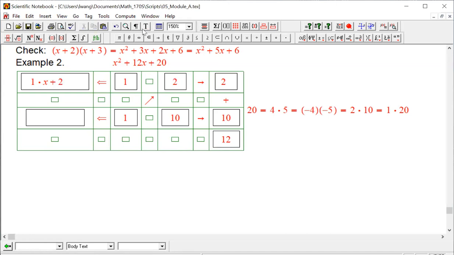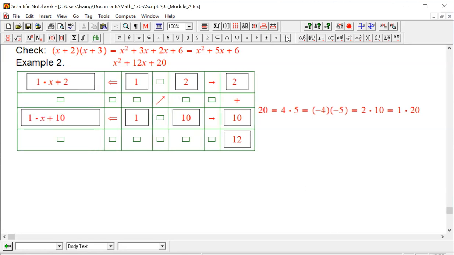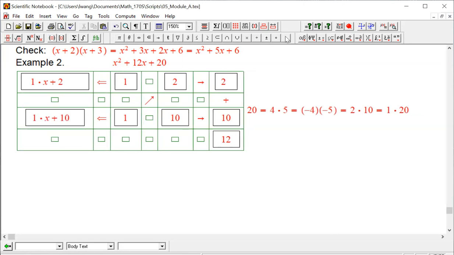And this next line, we're going to have 1 times x plus 10. There we go. So we have these factors here. We get x plus 2 times x plus 10. And check our work.